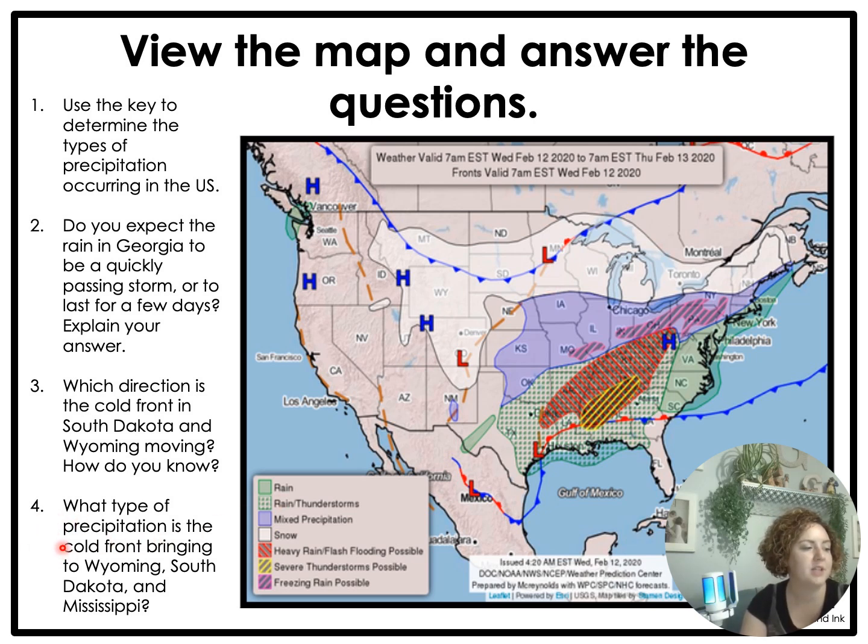What type of precipitation is the cold front bringing to Wyoming, South Dakota, and Mississippi? So Wyoming, South Dakota, we have a lot of snow. Mississippi, which is right here, got a lot of rain. Why they care about Mississippi? Who knows?